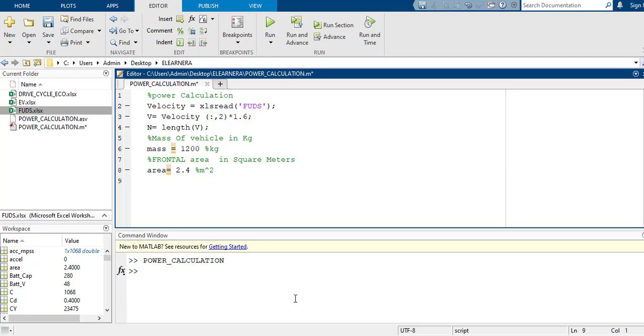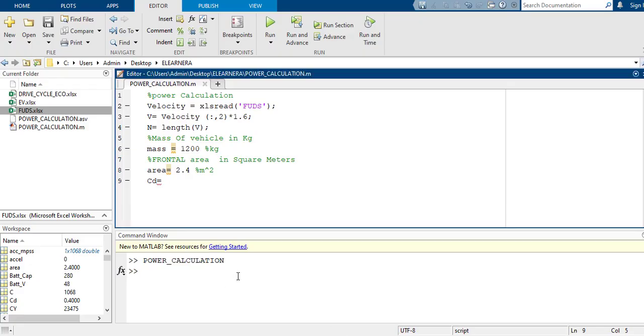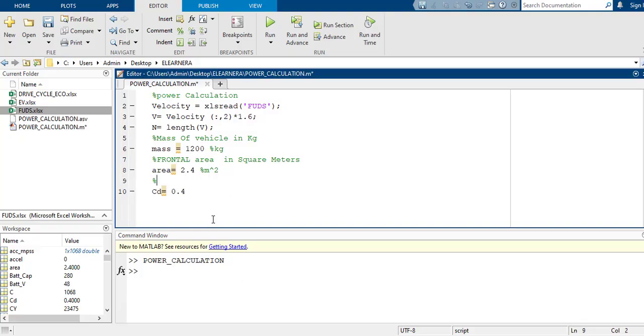Okay, then we have CD, which means coefficient of drag. So CD is 0.4. So we will mention it as coefficient of drag.